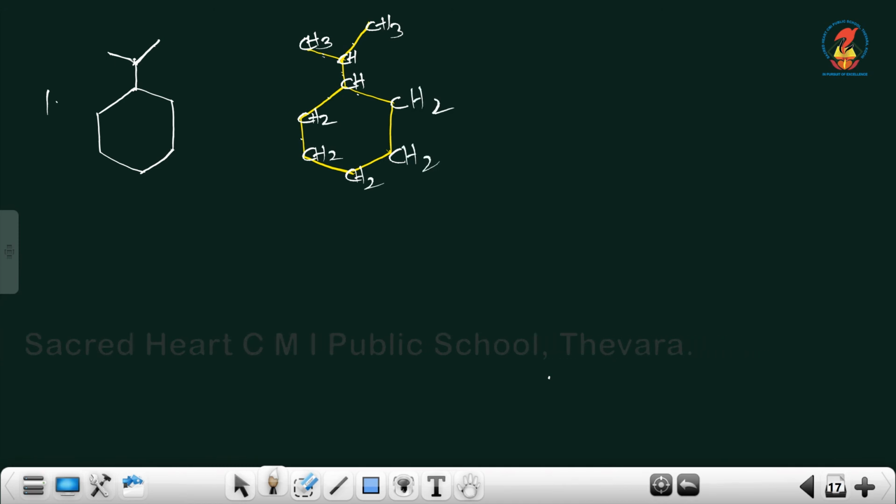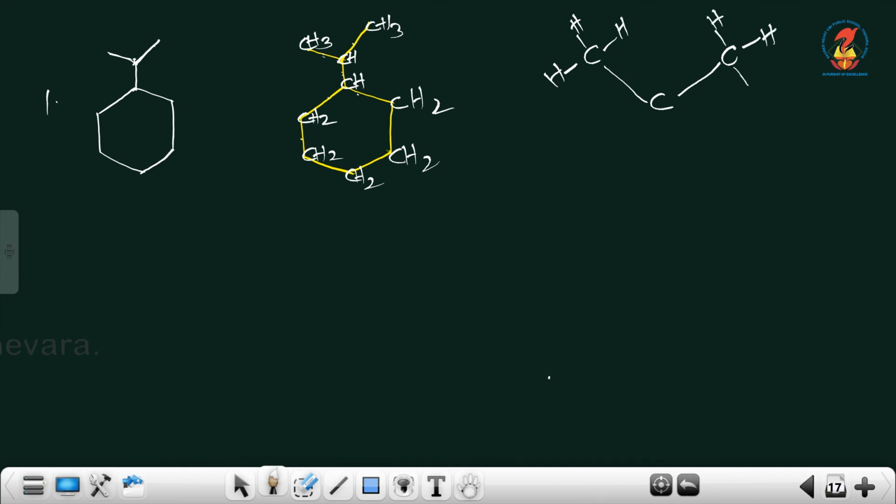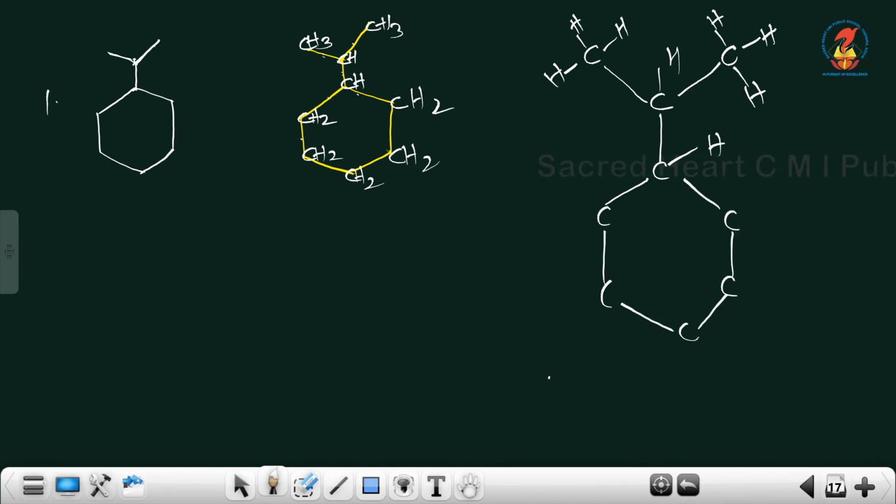So how can we draw the expanded structure here? First carbon with 3 hydrogen atoms, single bond. On this carbon there is one hydrogen. Then draw the ring first, then it will be easy to draw.